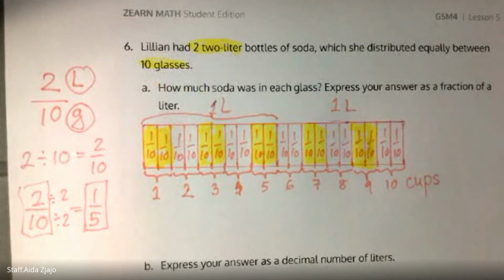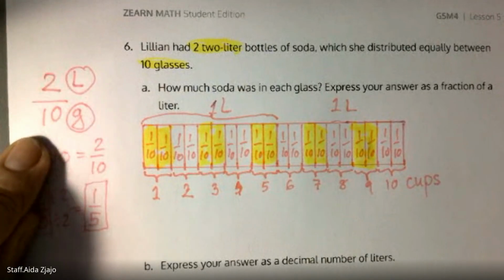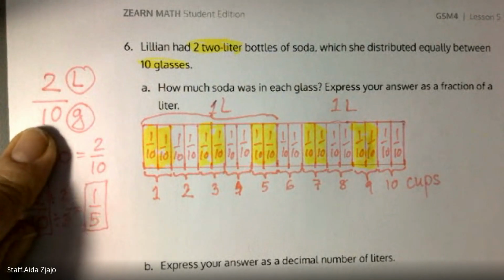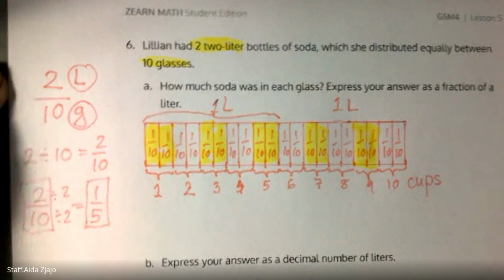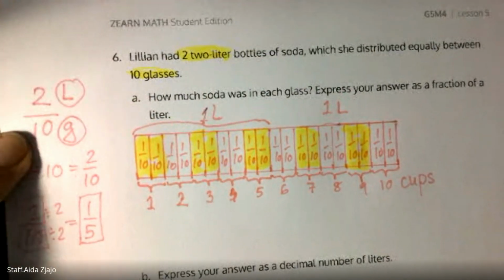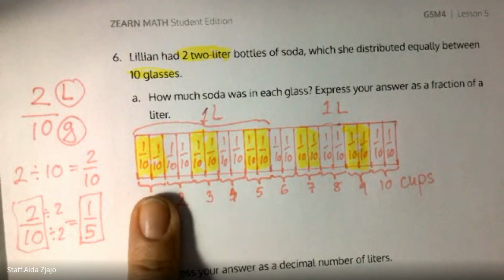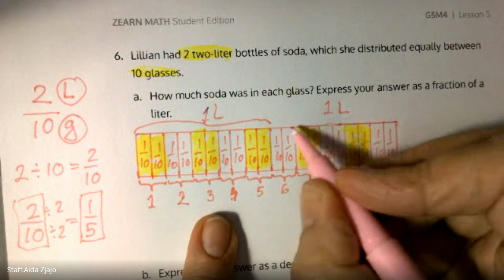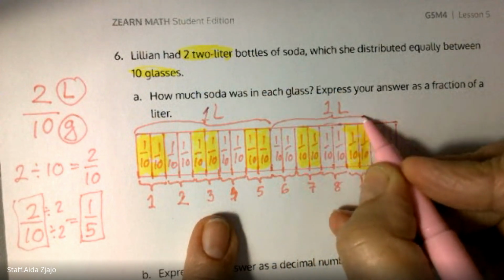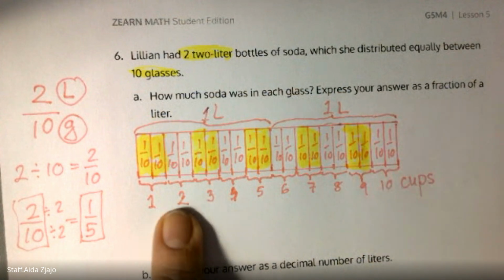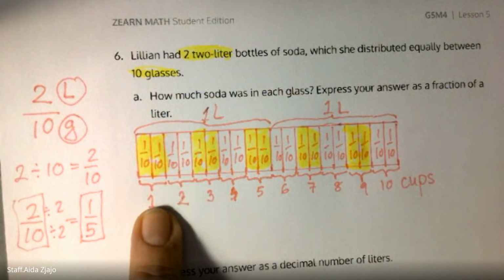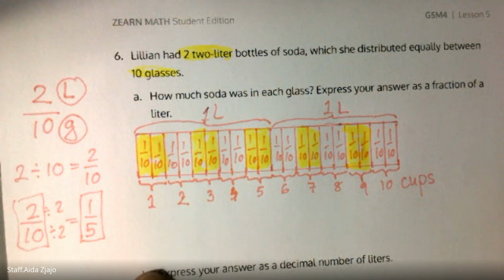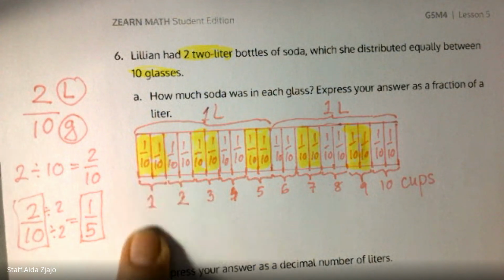So if you have 2 liters of soda and you need to share that into 10 glasses, each glass will get 2/10. Your job is to draw 2 liters and then divide the liters into tenths, and then 2/10 will represent your part, your 1 glass.